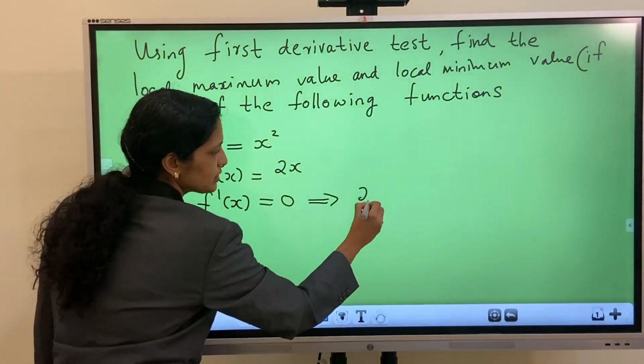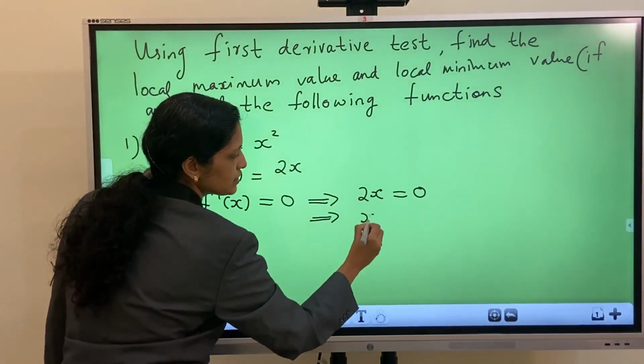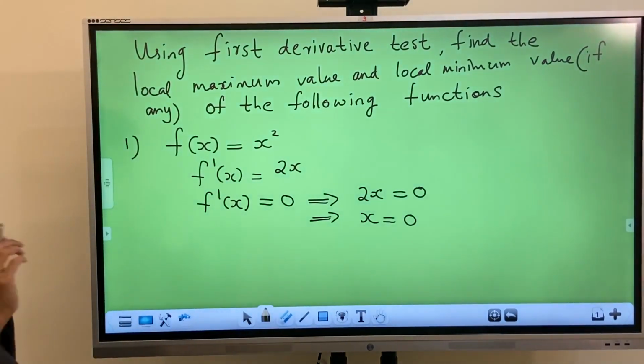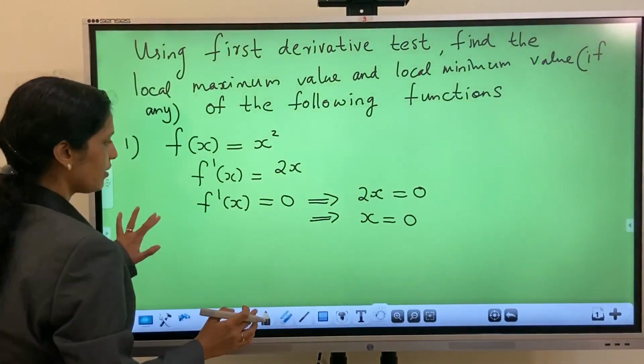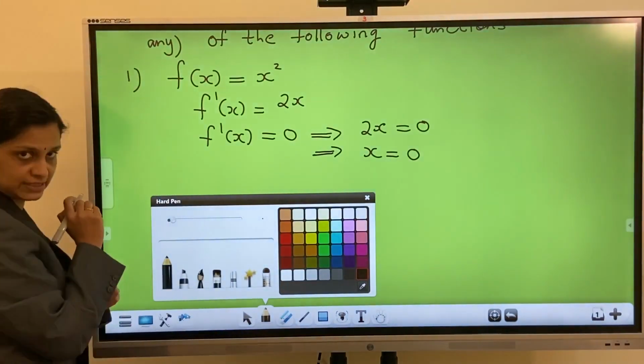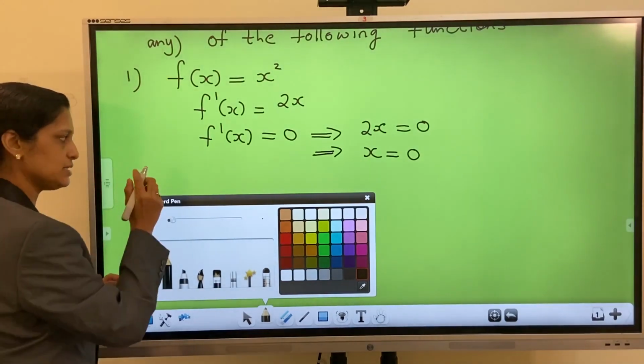This implies 2x is equal to 0, which implies x is equal to 0. Therefore, we got the critical point as 0. Then, our first derivative test says that you have to take points slightly less than 0.